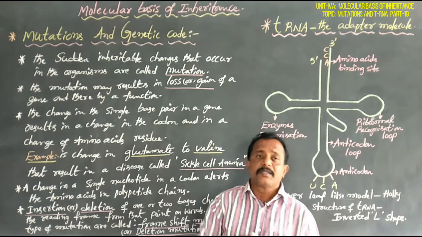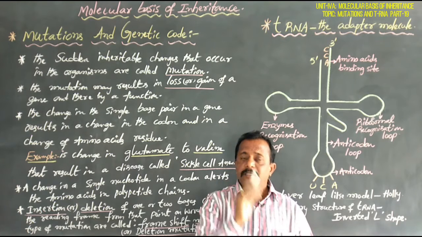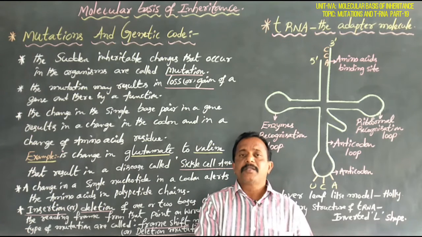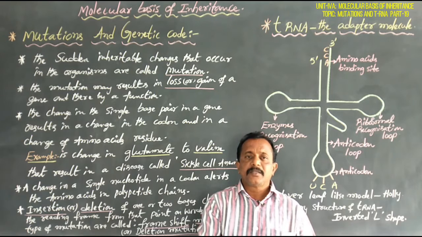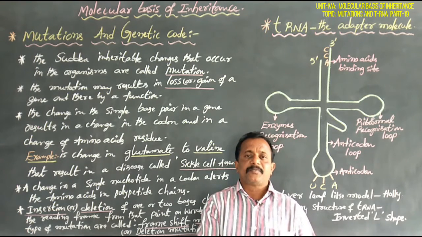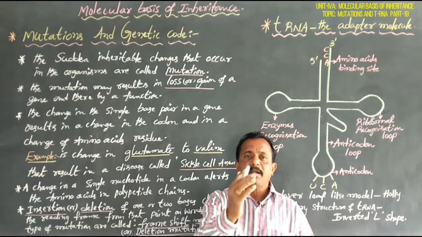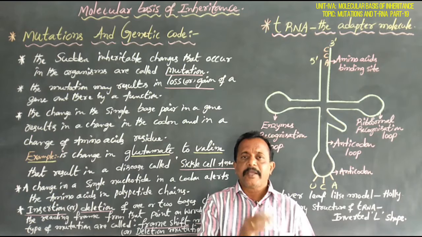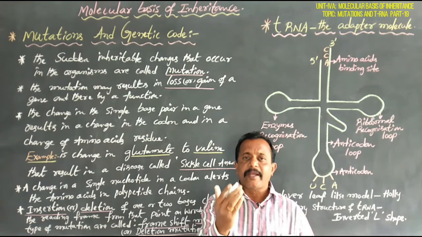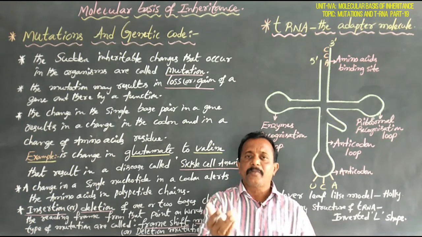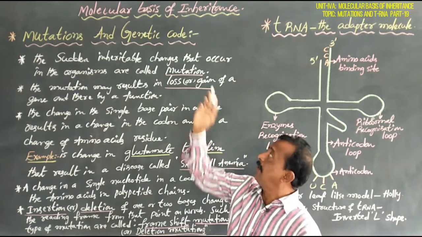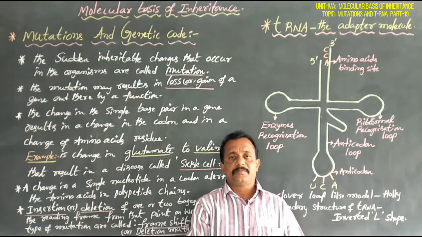The sudden inheritable changes, including phenotypic characters and genotypic characters, that occur in all organisms, including plants, animals and human beings, are called mutation.